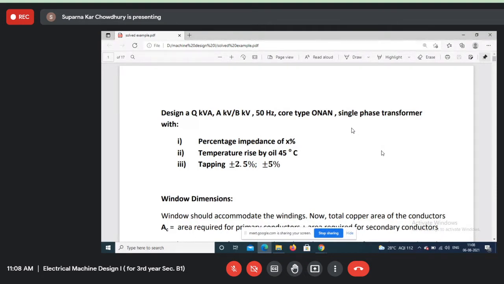Actually, the type of problem I have set for everyone is similar so that it is easier to coordinate. The rating is however different.